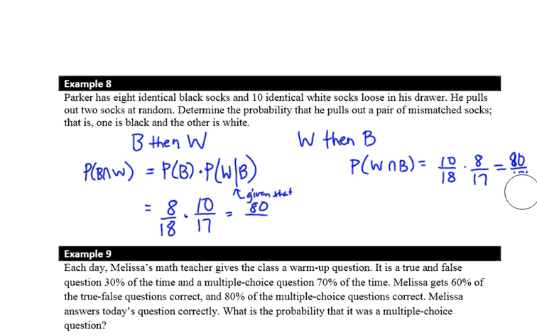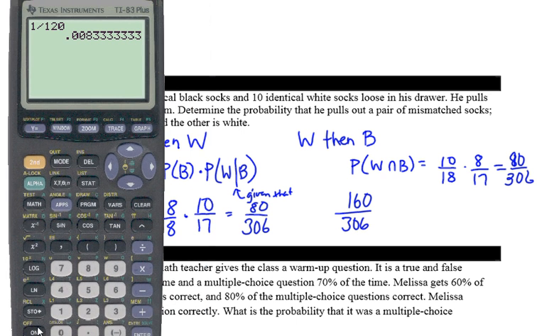Something's not right. 18 times 17. Well, you said 8. Sorry. Take a pill, Dean. I'm sorry. I will speak clearer. I tend to mumble. Math, enter, enter. So 80 over 153.